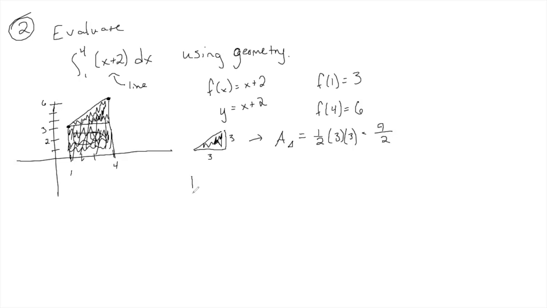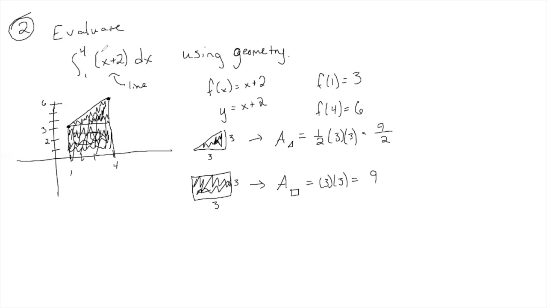And now the rectangle, find the dimensions of that thing. Looks like, again, it has width 3, and the height is also 3. Great, how convenient. So the area of the rectangle is simply base times height, so it's just 3 times 3, which is 9.